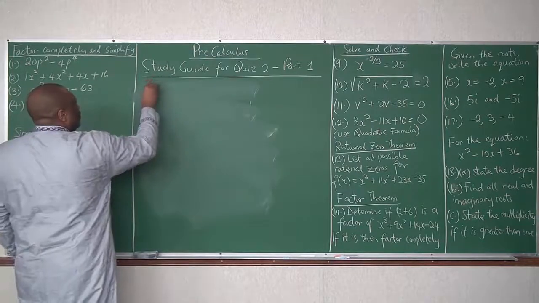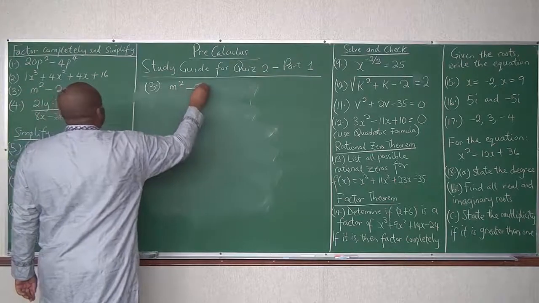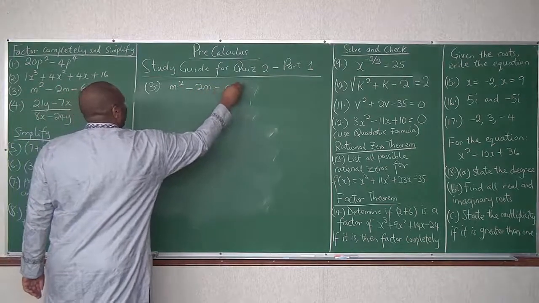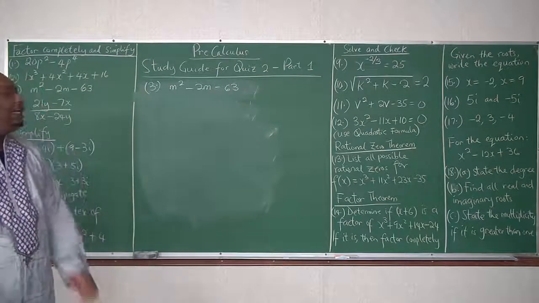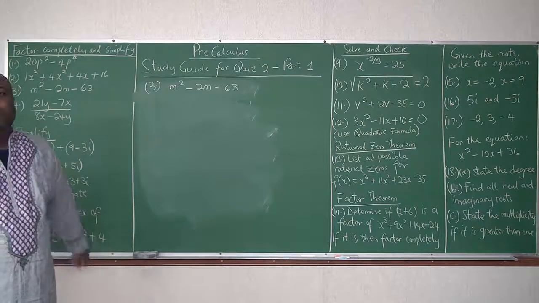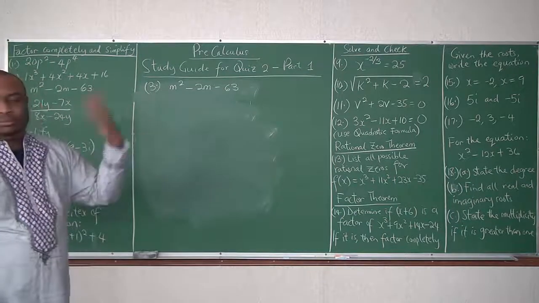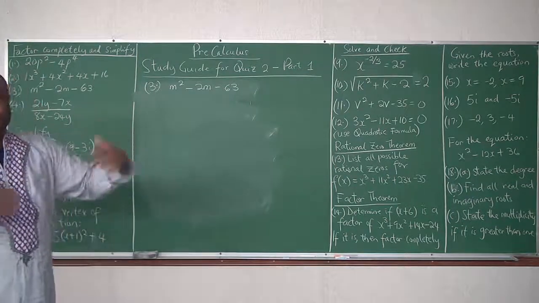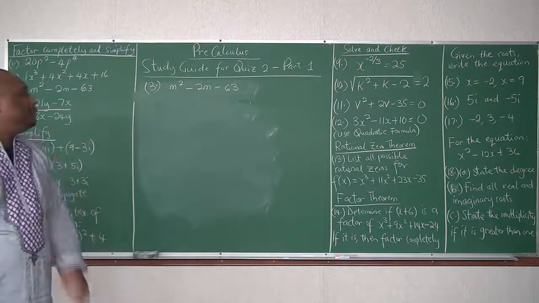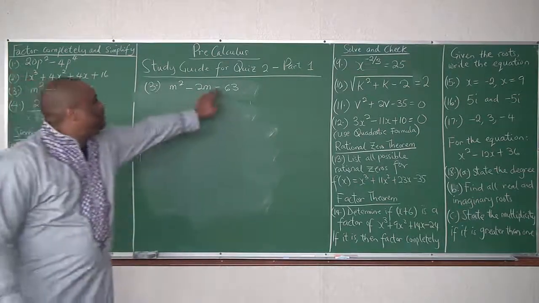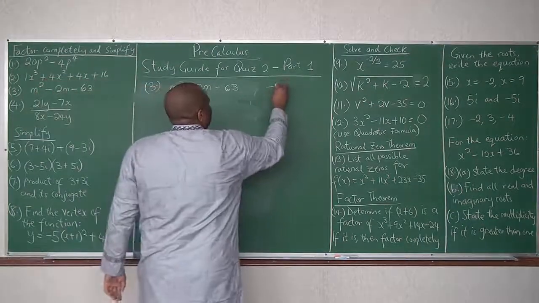That's it. Question 3. m squared minus 2m minus 63. Here you factor a quadratic trinomial. You remember the steps I listed in my previous videos. Negative 63 times m squared is negative 63m squared.